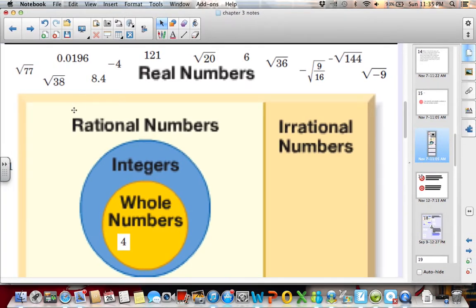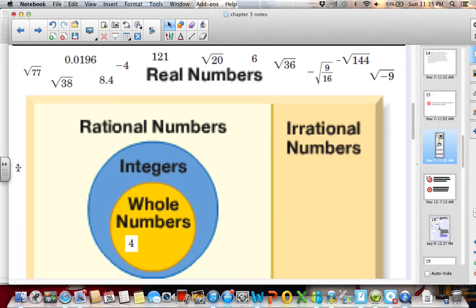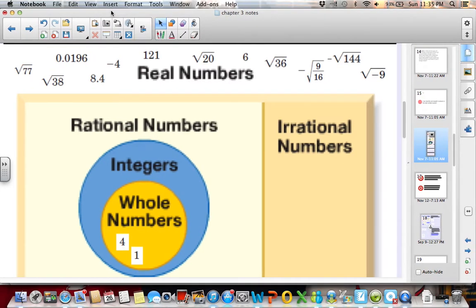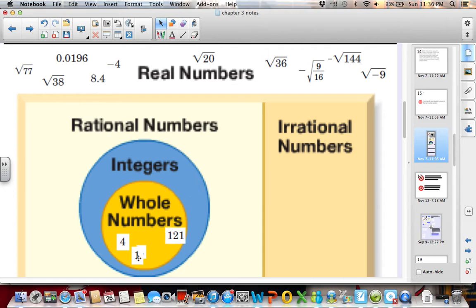as well as 1, because it's a positive and it's a whole number, as well as 121 and 6. Integers include the positive and the negative.